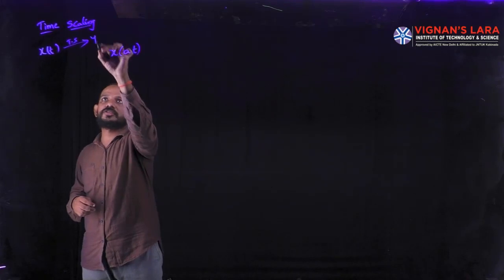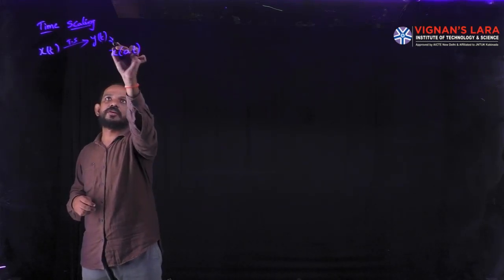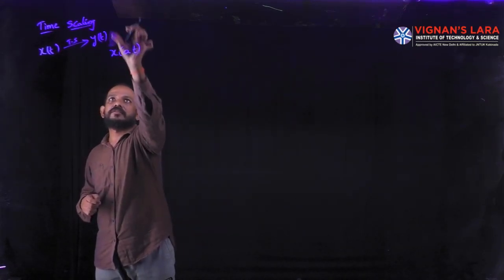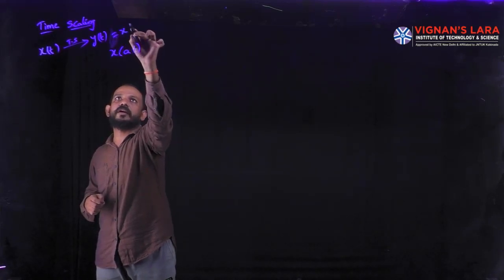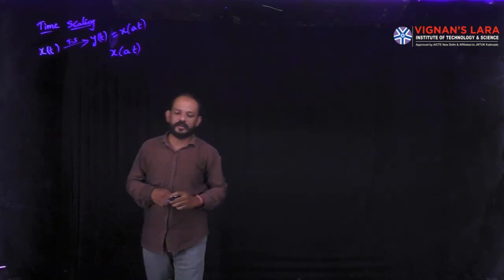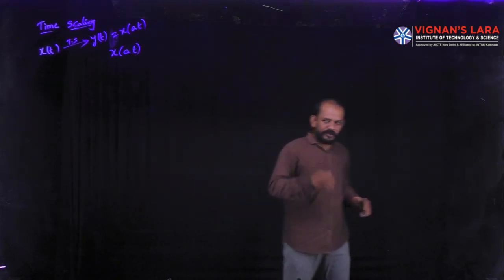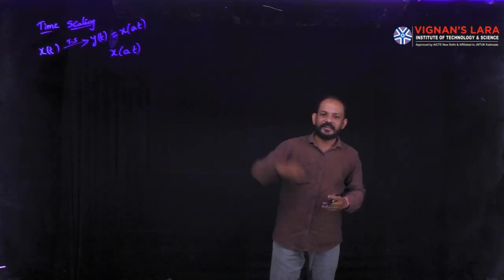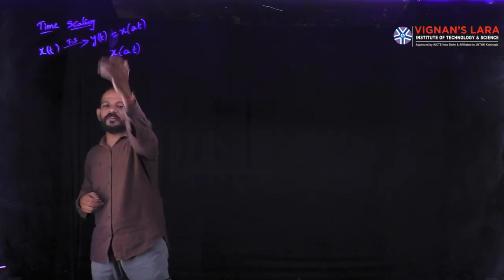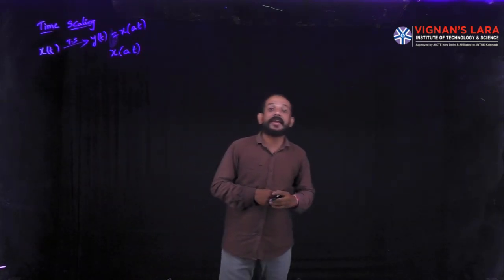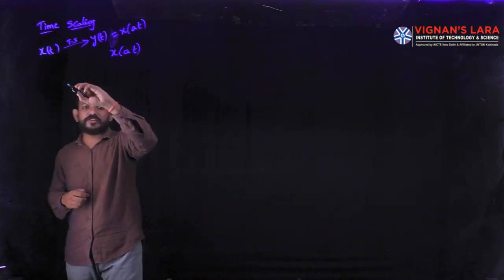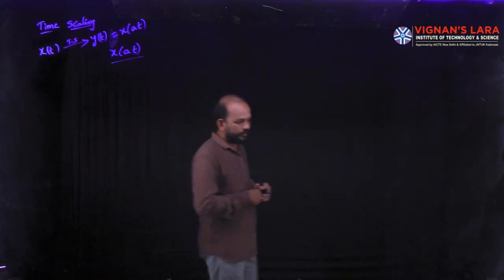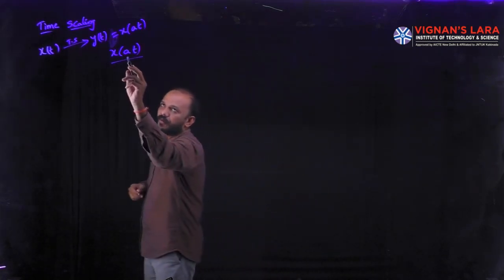That will produce an output y of t, which is equal to x of at. Simply you can write like this. So here my signal is x of t, and I am performing this time scaling operation on that signal x of t. So it will produce an output y of t whose value will be equal to x of at. That is, a time scaling operation on the signal x of t can be expressed as x of small a into t.